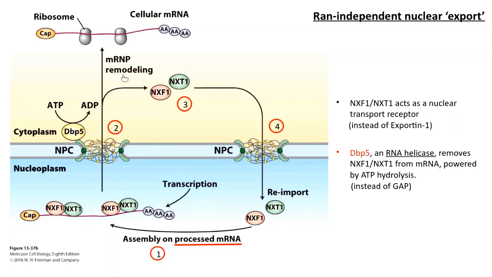Processed mRNA gets bound by these receptors, and then they take this mRNA out through the NPC and get recycled back with the help of energy produced by ATP hydrolysis by DBP5, which is a helicase and is present near the NPC outside, towards the cytosolic surface.